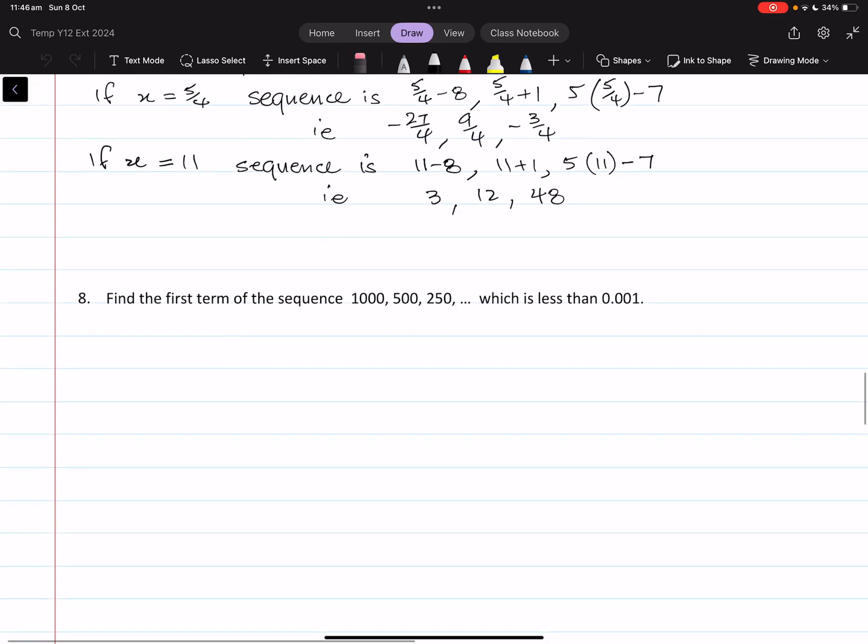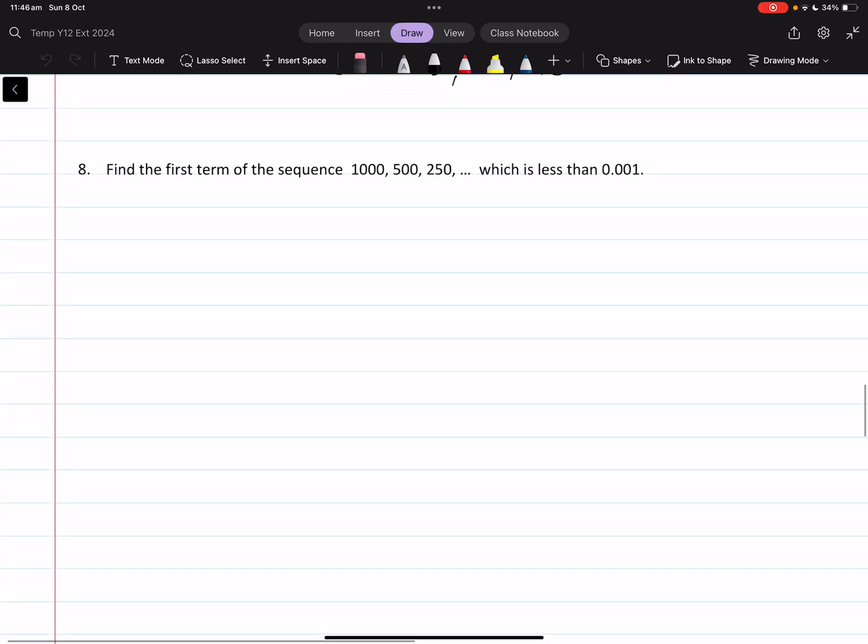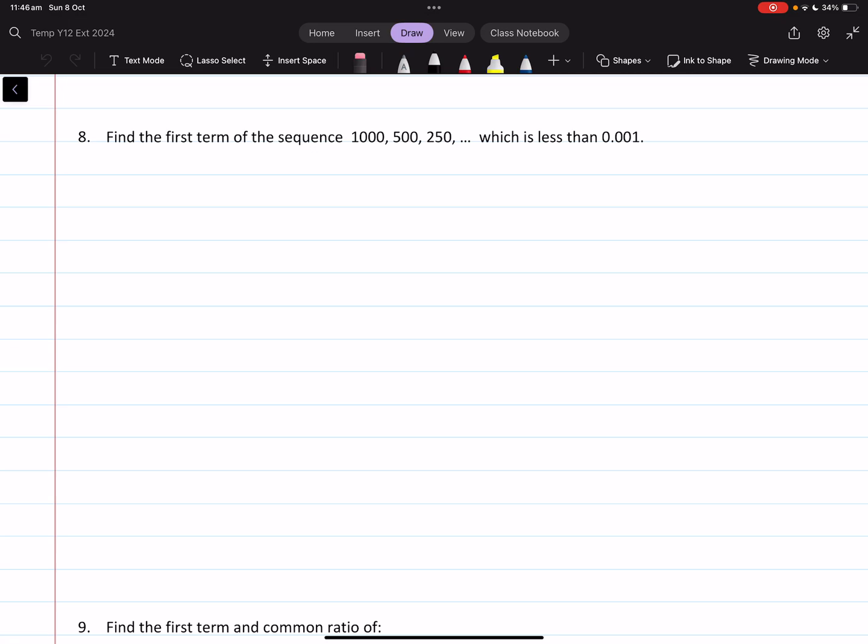Okay, number 8. Find the first term of a sequence 1,000, 500, 250, etc., which is less than 0.001. Okay, so our first term is 1,000. Our common ratio, 500 divided by 1,000, is a half. So our nth term using our formula is AR to the n minus 1.